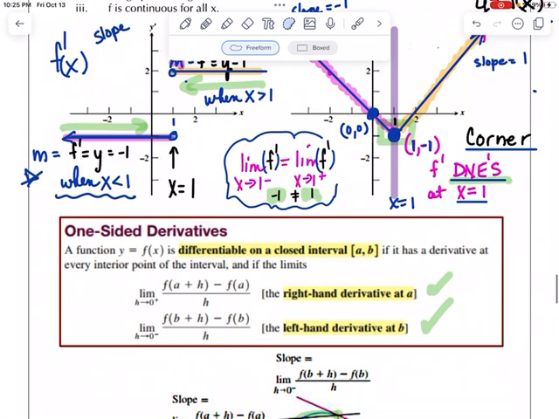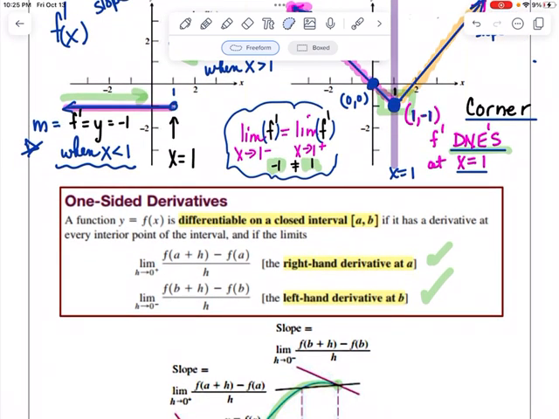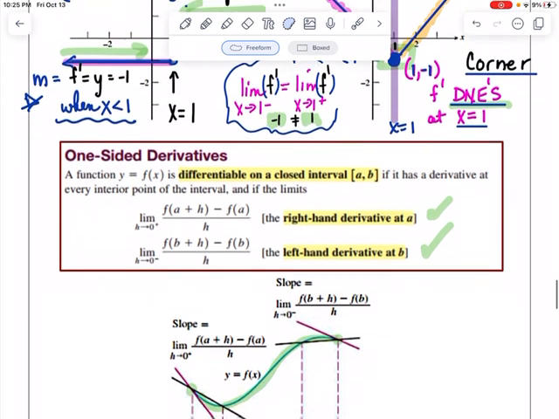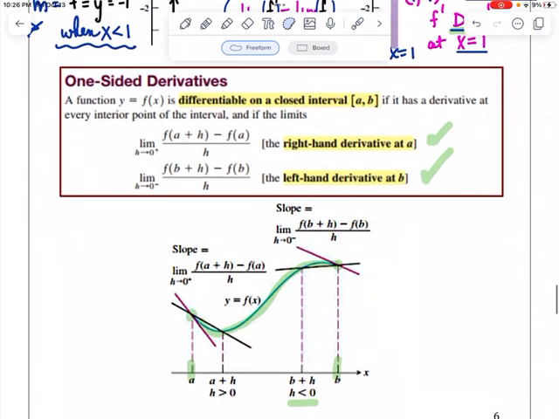The one last thing that we have to talk about is we can consider a function y equals f of x, that is differentiable on a closed interval a, b, if it has a derivative at every interior point of the interval, and if the limit as h approaches 0 from the right exists, and the limit as h approaches 0 from the left, the left-hand derivative at b, exists.